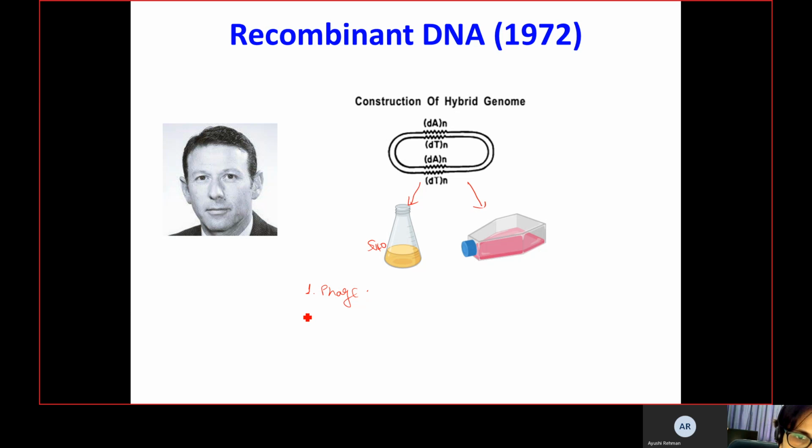Nevertheless, the second caveat in his experiment was that he realized he had not included any origin of replication in his construct.